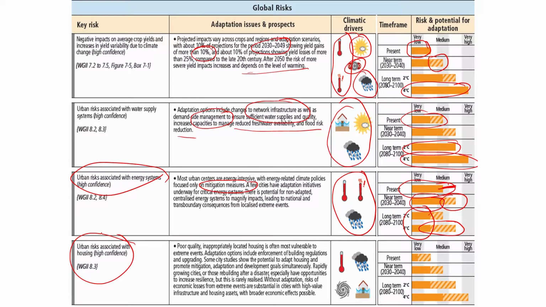Associated housing risks in the urban areas: with high confidence we can say that the storms, floods, extreme rain events and heat are going to create risks that will also increase, but fortunately we may also have adaptation options to reduce the risks.